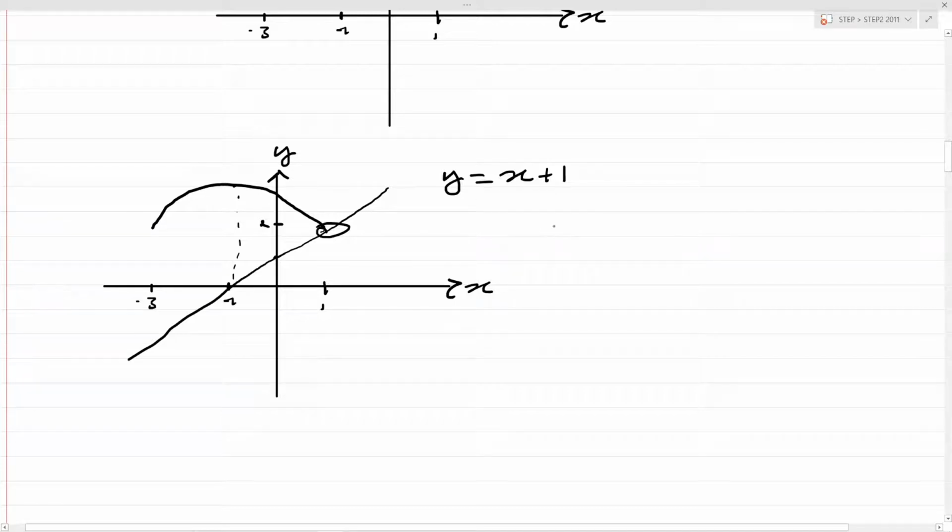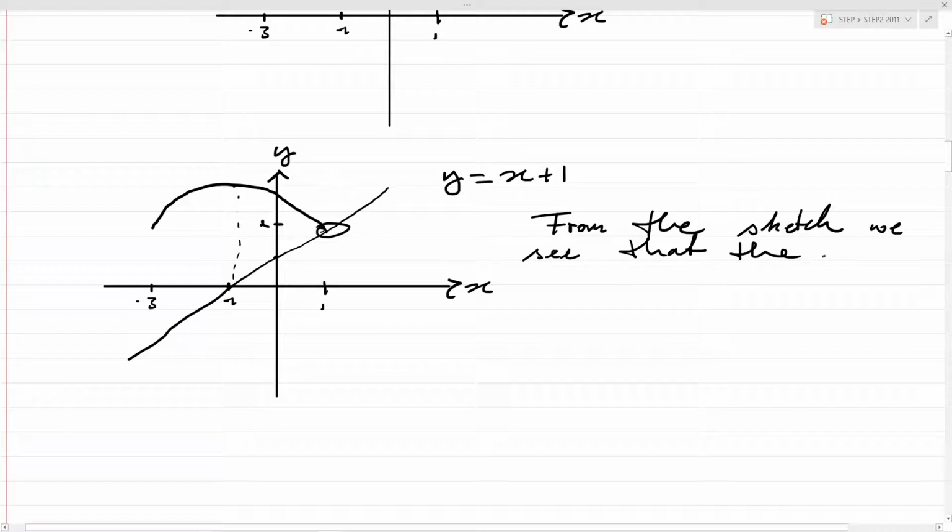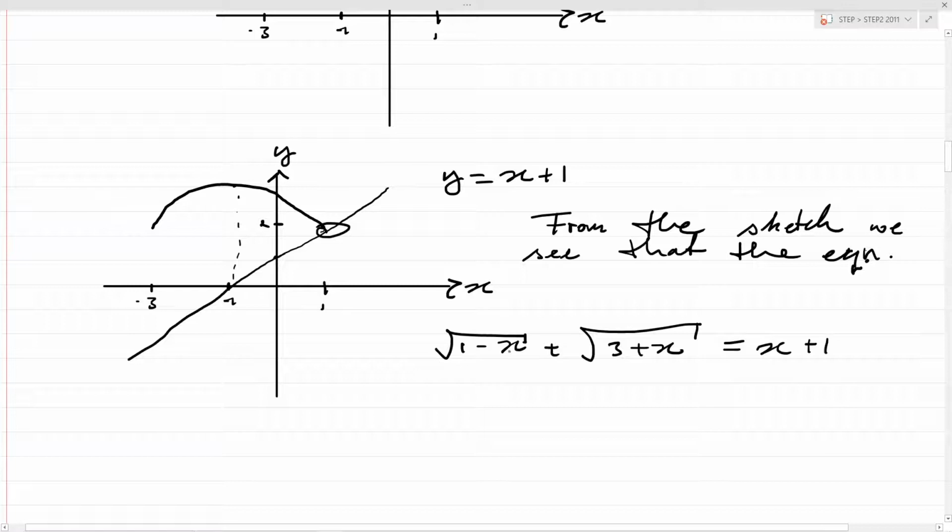So therefore, from the graph sketch, we see that the equation square root of 1 minus x plus the square root of 3 plus x is equal to x plus 1 has a solution 1. You can see that quite clearly.